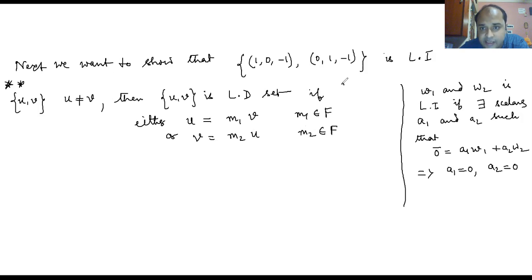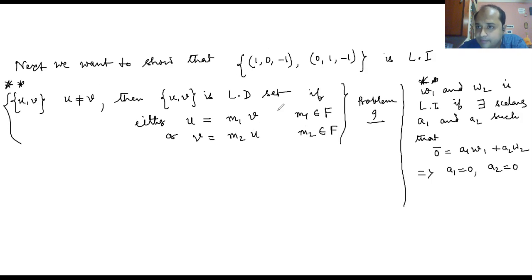That result is given in problem number 9. So I don't have to use this particular definition to show that this set is LI.